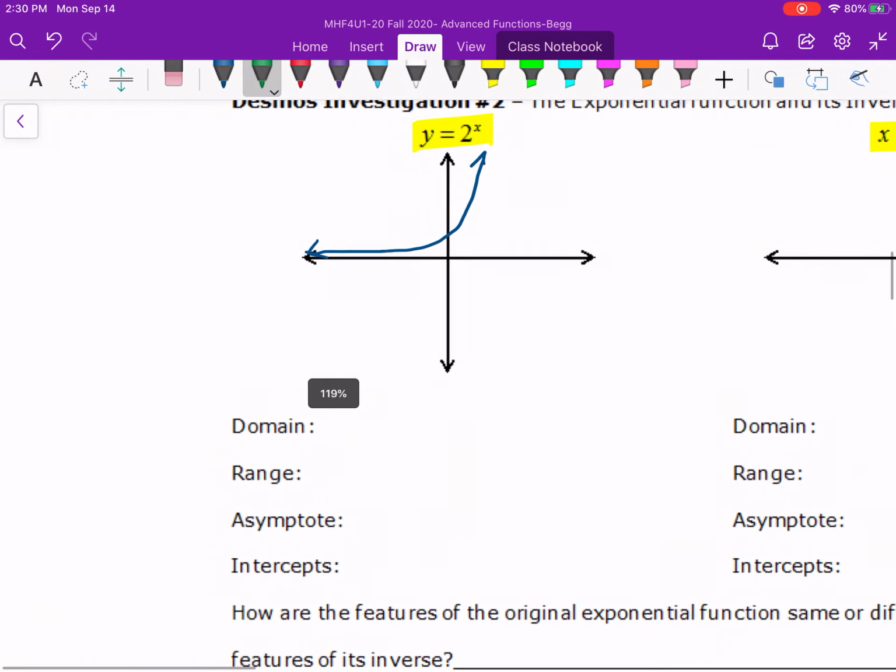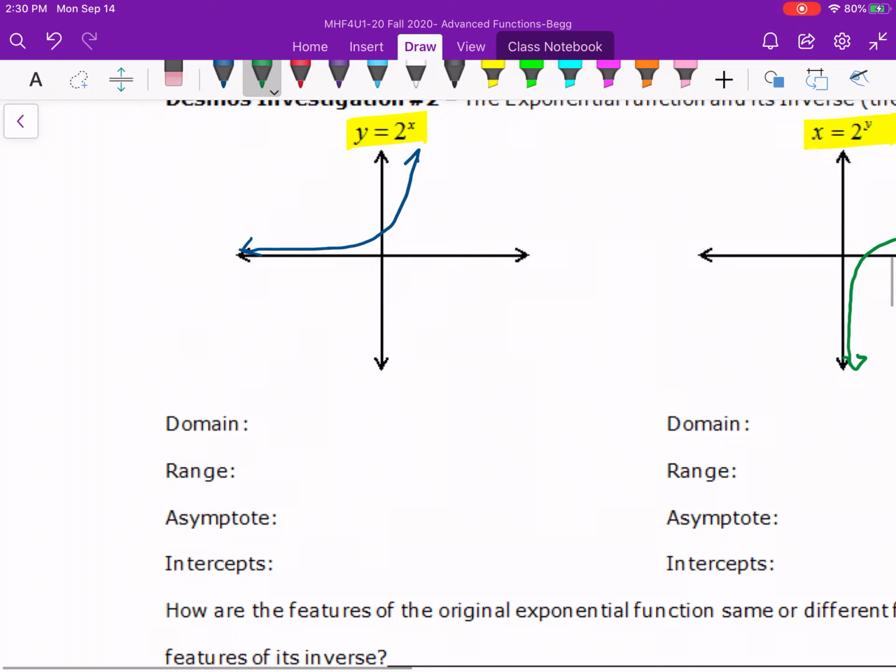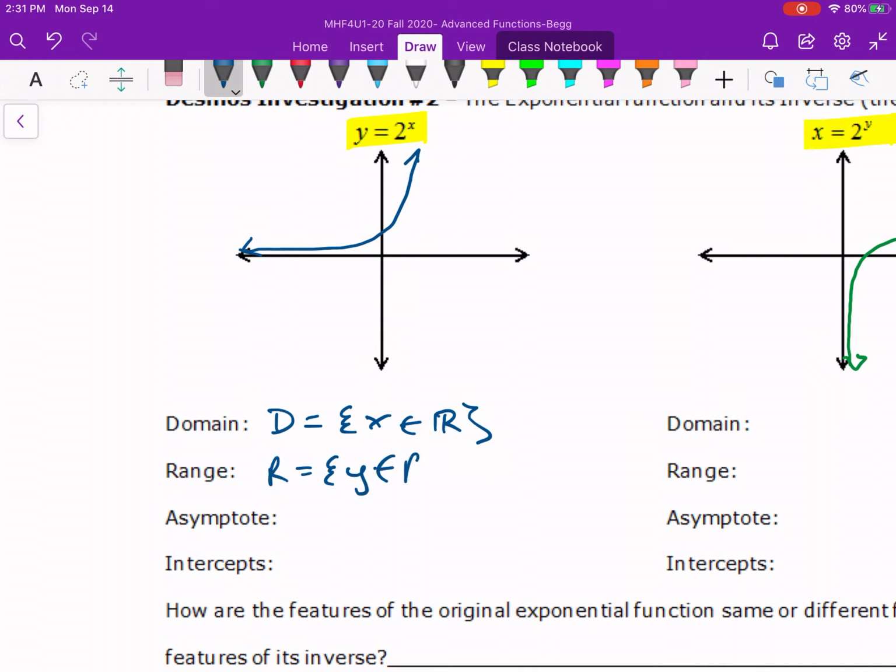Let's do the domain of y equals 2 to the x. The domain is all real numbers, x in R. Range, all real numbers greater than, no, just greater than 0.